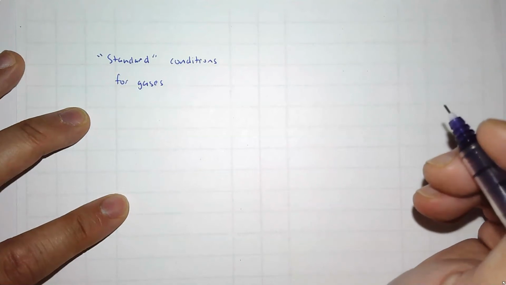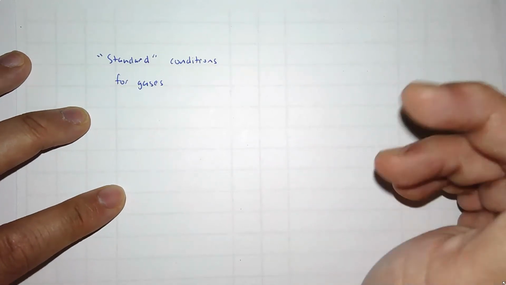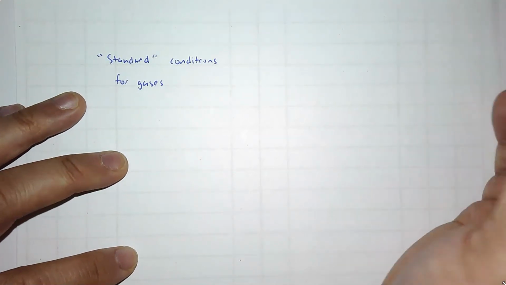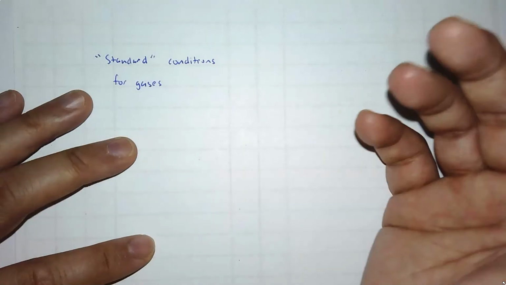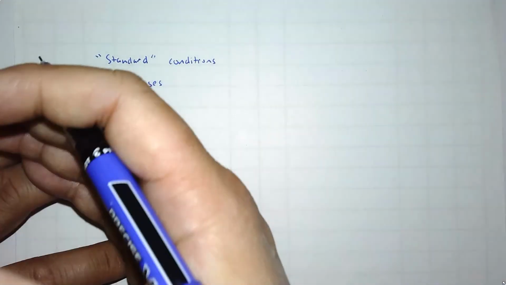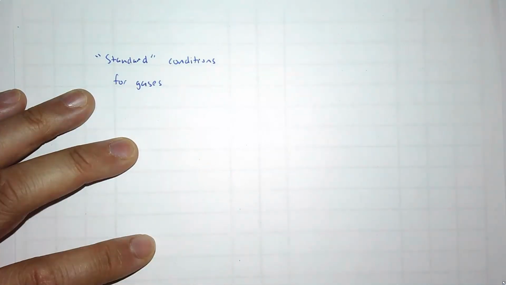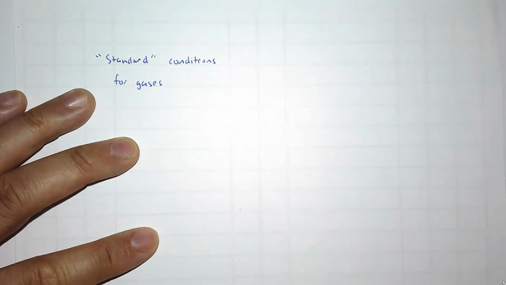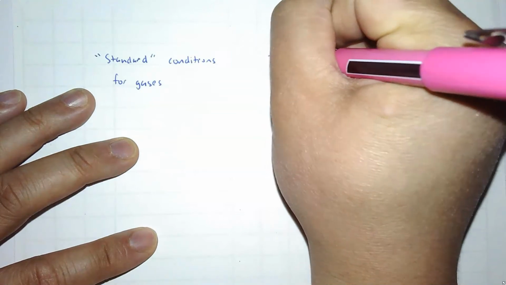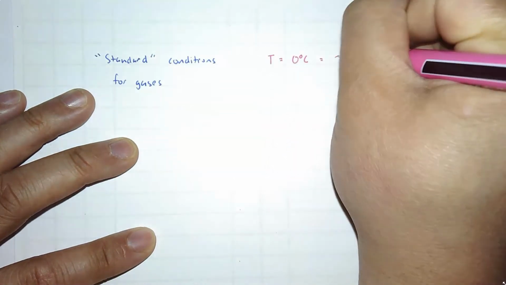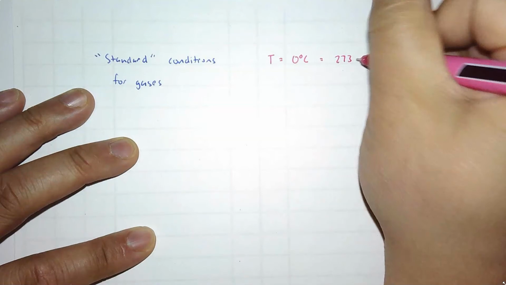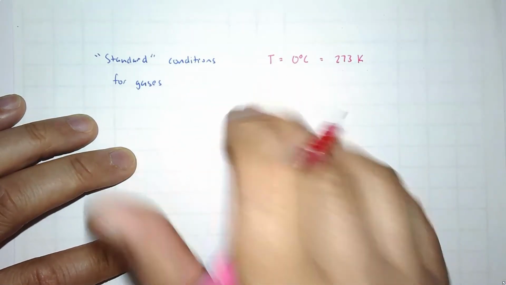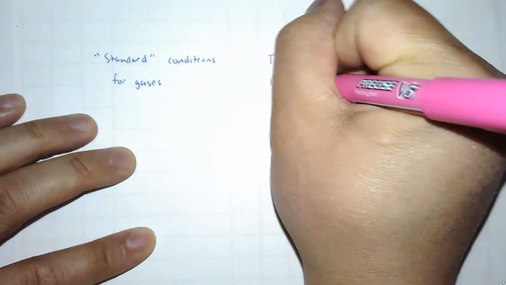If you recently looked at thermochemistry, there are standard conditions for delta H naught, so that's delta H measured under standard conditions. Well, for thermodynamic parameters, the standard temperature is 25 degrees C. But for gases, you've got to remember this. For gases, T equals 0 degrees C equals 273.15 K. That is standard temperature for gases. Standard pressure is 1 atmosphere.